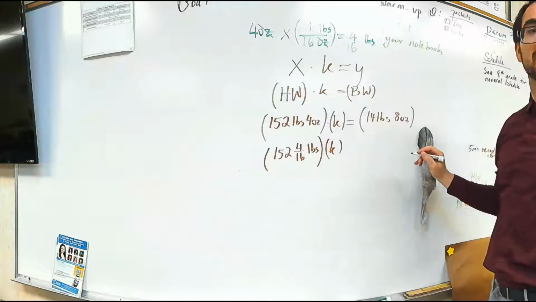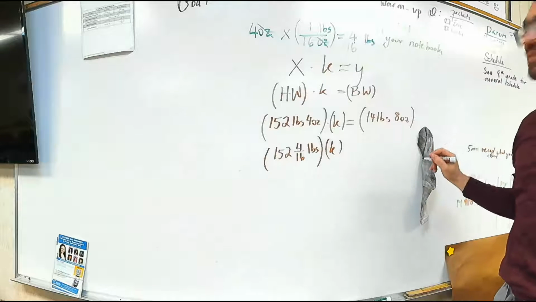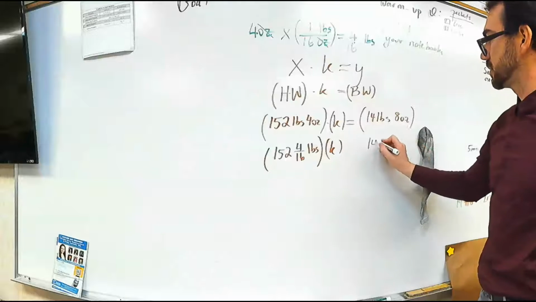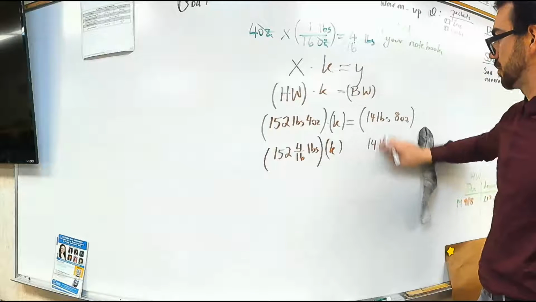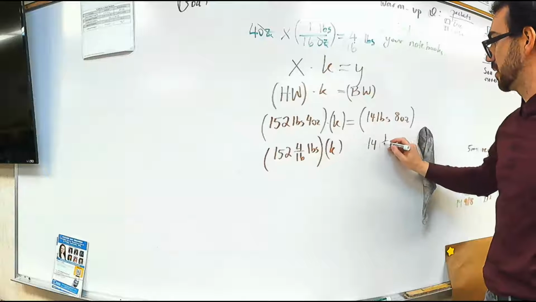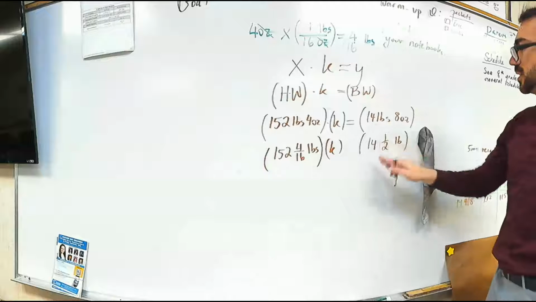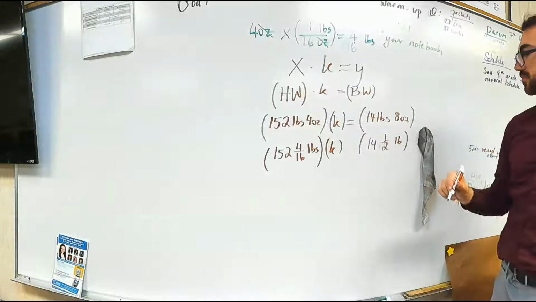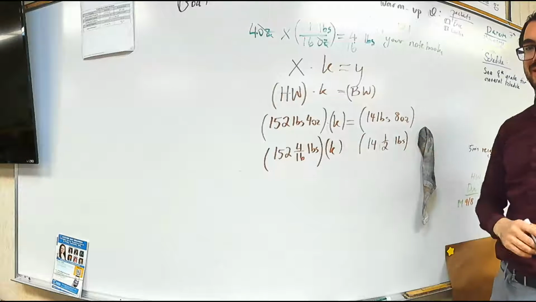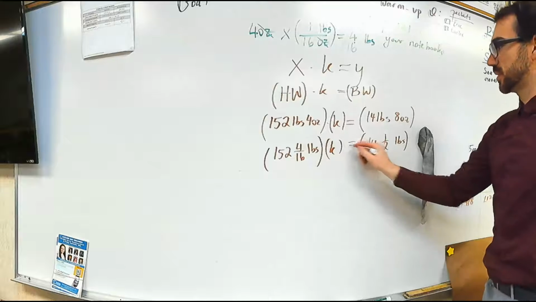Yeah, 1 over 2. Good. So 14 pounds. Sorry, 14 pounds and 1/2. So together that's 14 and 1/2 pounds. And that's what that equals.